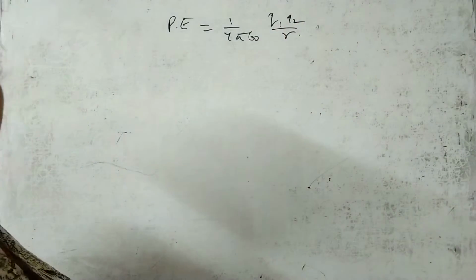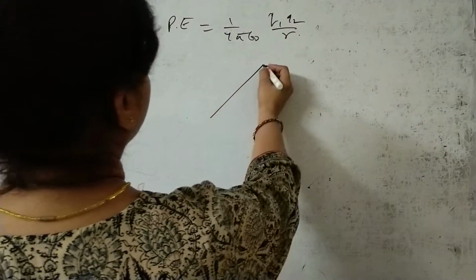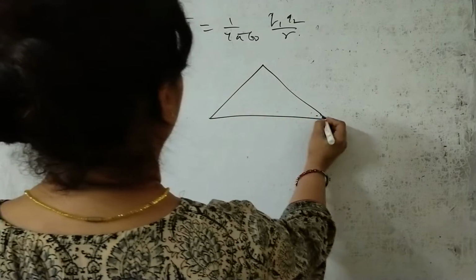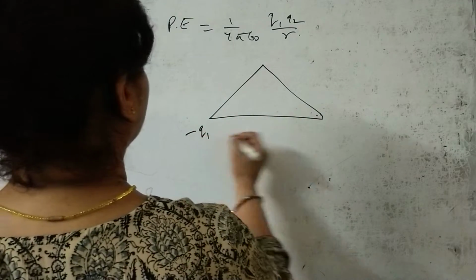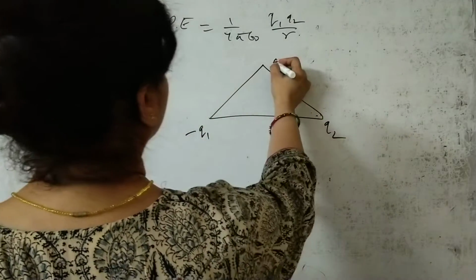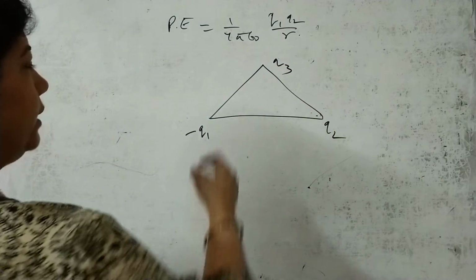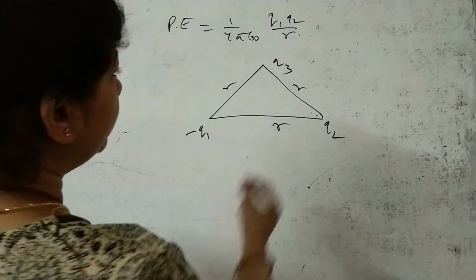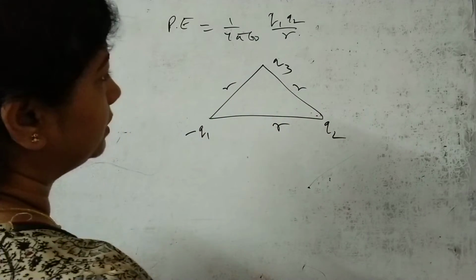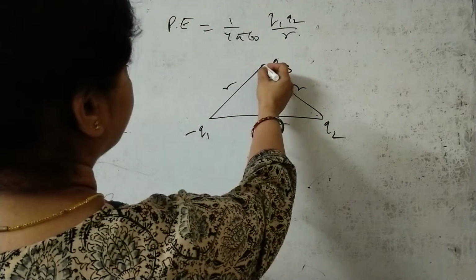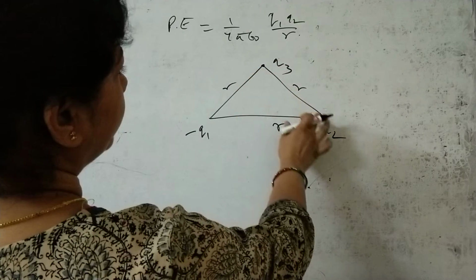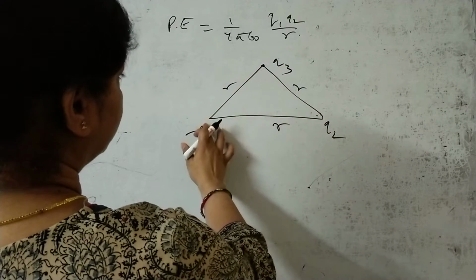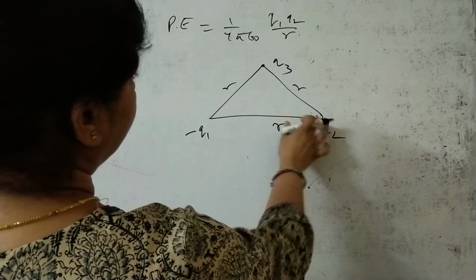Now let us assume there are 3 charges. This is minus Q1, this is plus Q2, and this is plus Q3. And let us assume they are all separated by distance r. We need to find the potential energy for the system. So first, if I take this as one point, we will have the interaction of these two, the interaction of these two, and then the interaction of these two.